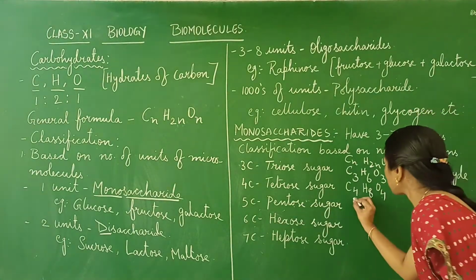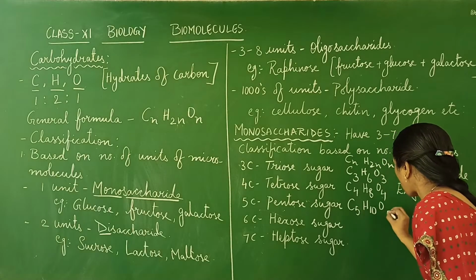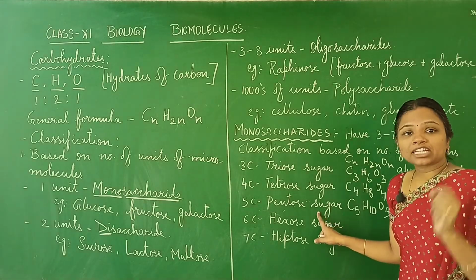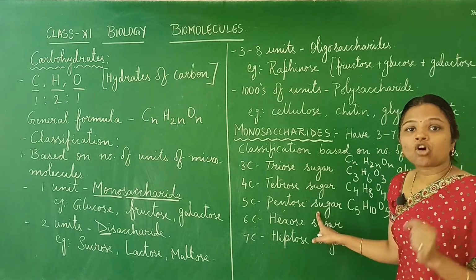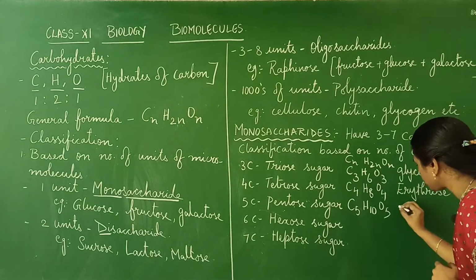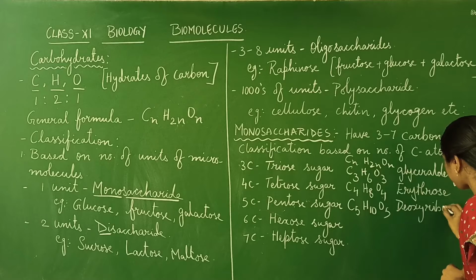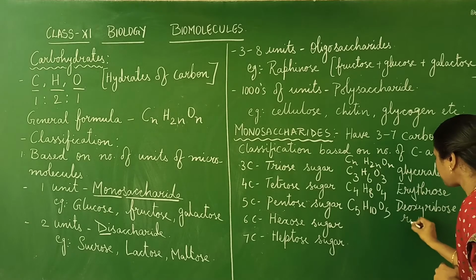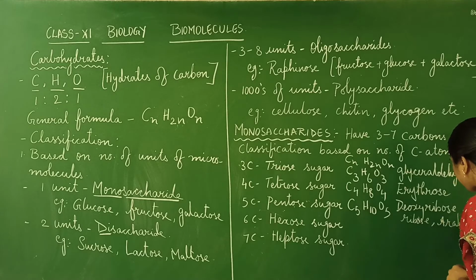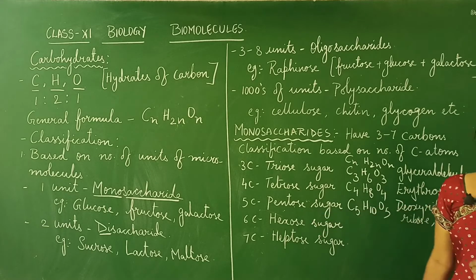Here your general formula will be C5H10O5. This sugar forms a very important component of our genetic material. The examples for this pentose sugar are deoxyribose, ribose and arabinose.